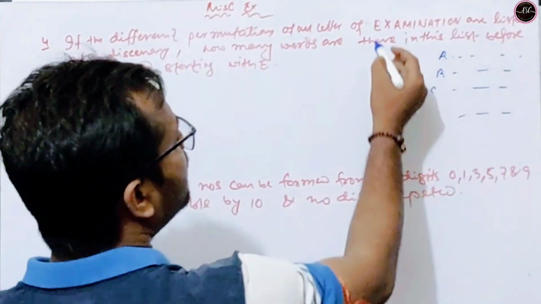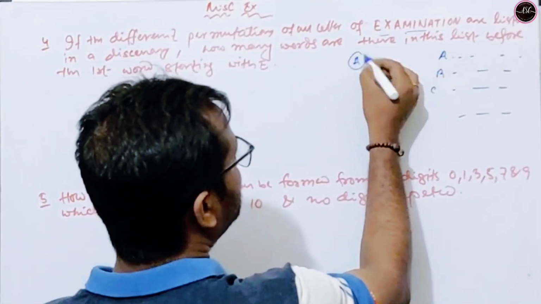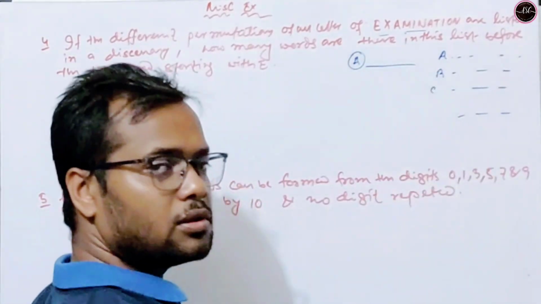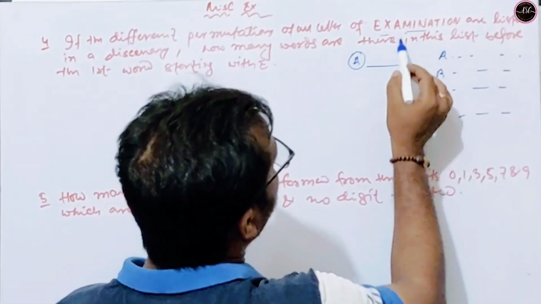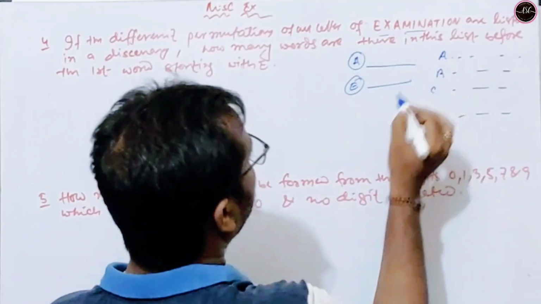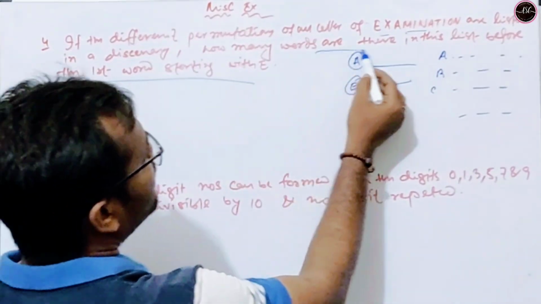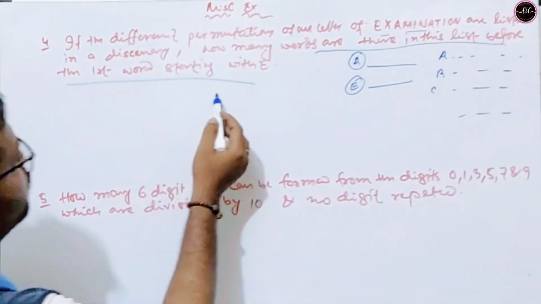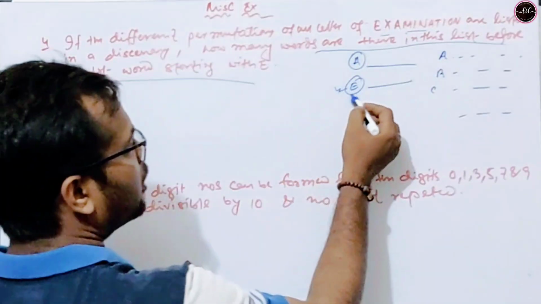And here in this word EXAMINATION, A will be the first letter of some words, and after A, E will come. So in this question, how many words are there in this list before the first word starting with E?